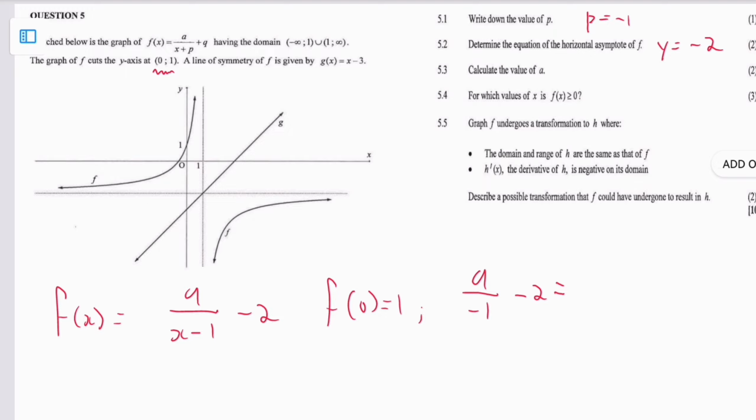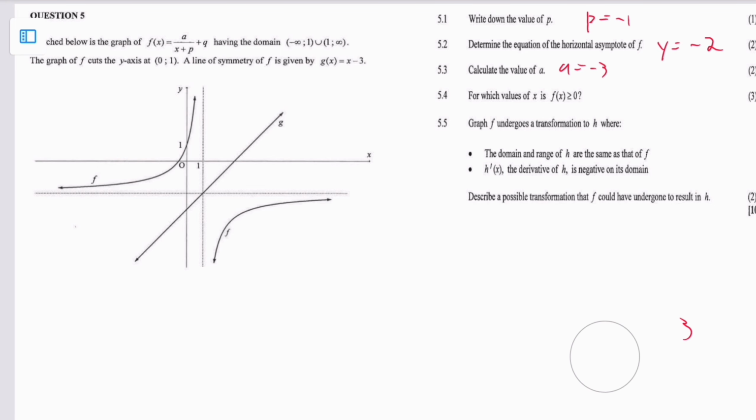So I know that a over -1 is equal to 3, and I know that a is equal to -3. I just multiplied both sides by -1. So a is equal to -3. And so now we have the full equation of what we're working with here.